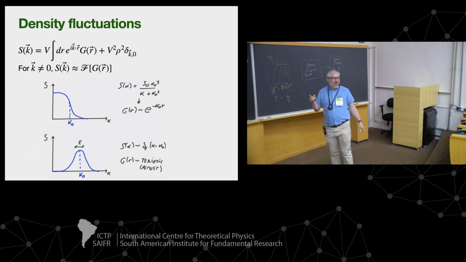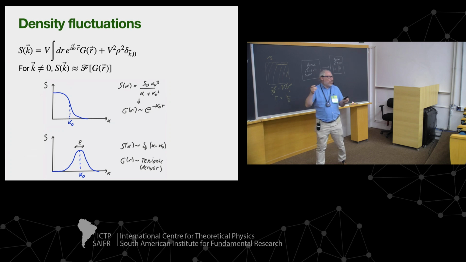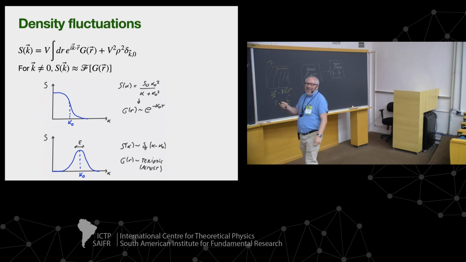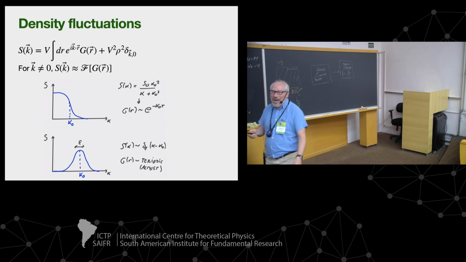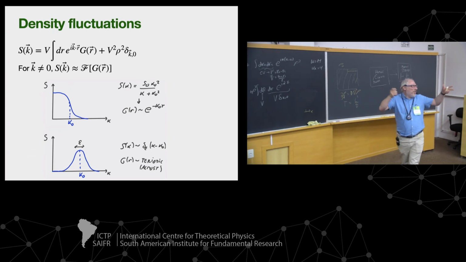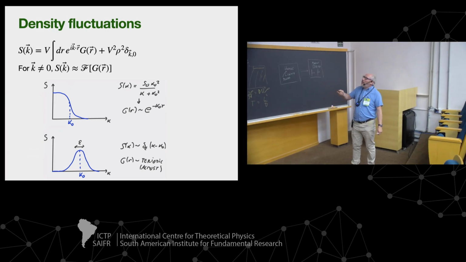You learn that normally in quantum mechanics too, when you compute the scattering cross-section of the Coulomb potential, of the Yukawa potential, things like that. You learn it in several contexts. But the Fourier transform of the Lorentzian is this thing, exponential of minus k0 r, and I put it like that because it depends on the dimensionality.